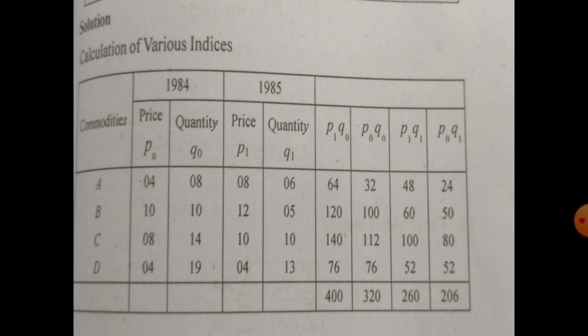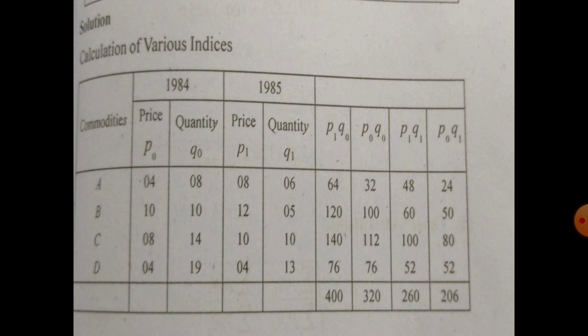The next you calculate by P1 into Q1. So 8 into 6 is 48, 12 into 5 is 60, 10 into 10 is 100, 4 into 13 is 52. The next one is P0 Q1. So 4 into 6 is 24, 10 into 5 is 50, 8 into 10 is 80, 4 into 13 is 52.